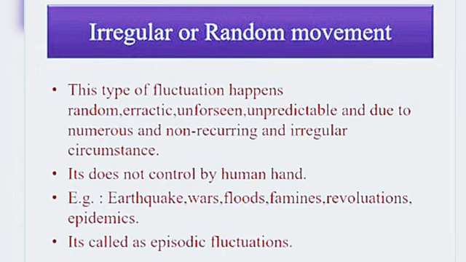The next component of a time series is irregular or random movements. This type of fluctuation is the most powerful. It does not happen regularly. This type of fluctuation happens randomly; it is erratic, unforeseen, unpredictable, and due to numerous, non-recurring and irregular circumstances.